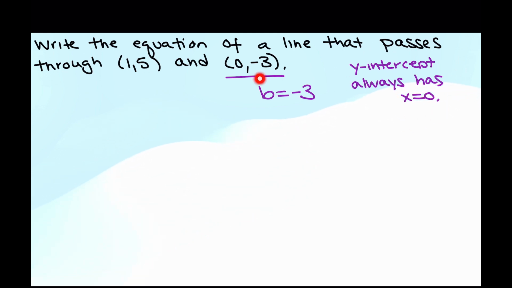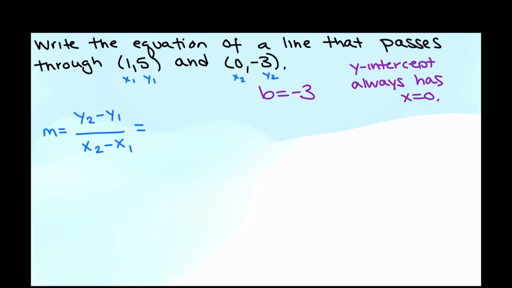So when I look at these 2 points, the one that has an x value of 0 is my y-intercept. Again, that's important. The y-intercept is not any point on the line. It's a very special point. It's the point that has an x value of 0. So when x is 0, y is -3, that's my y-intercept.